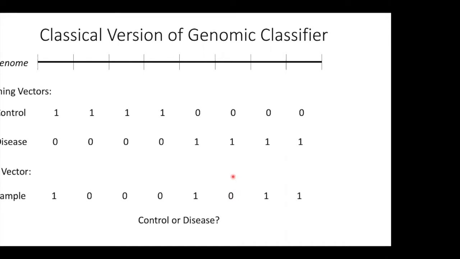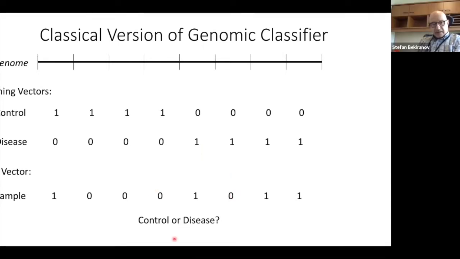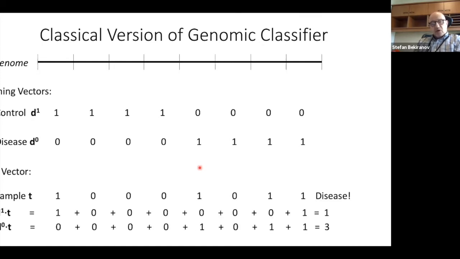We have a comment that said it was disease. Very good. And I can't access the comments because I've got the laser pointer, so just feel free to interrupt me. Anyways, thank you. So it's going to be disease, and that's the correct answer. And we know one way that we could easily have gotten this answer algorithmically, and I'll formalize this in a second, is by calculating the dot product between the test sample and the control vector, as well as the test sample and the disease vector, and assessing which dot product was greater.